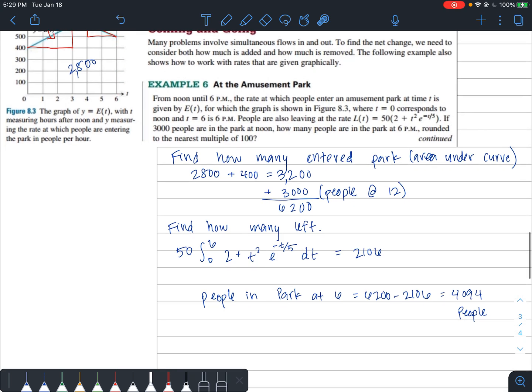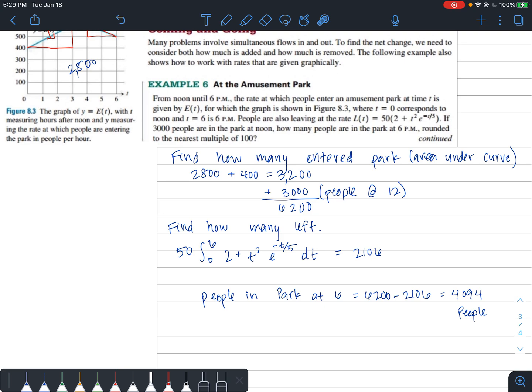Now, if we take the total people that were there and entered into the park, we subtract 2,106 from that number, then at 6 o'clock there were 4,094 people in the amusement park.